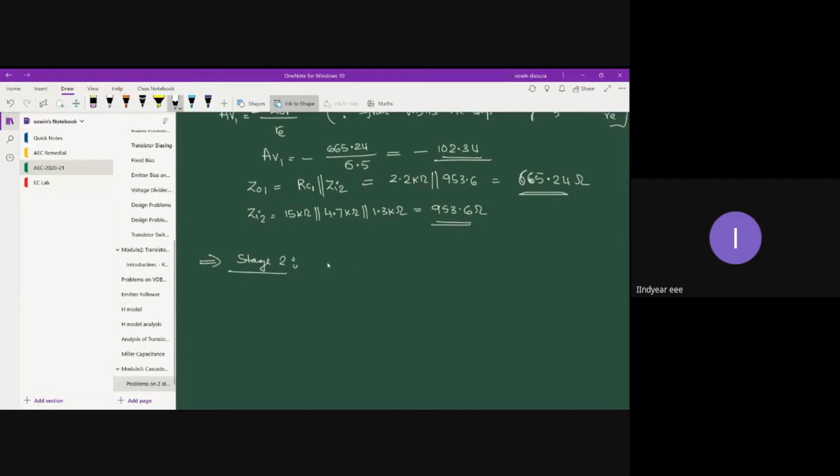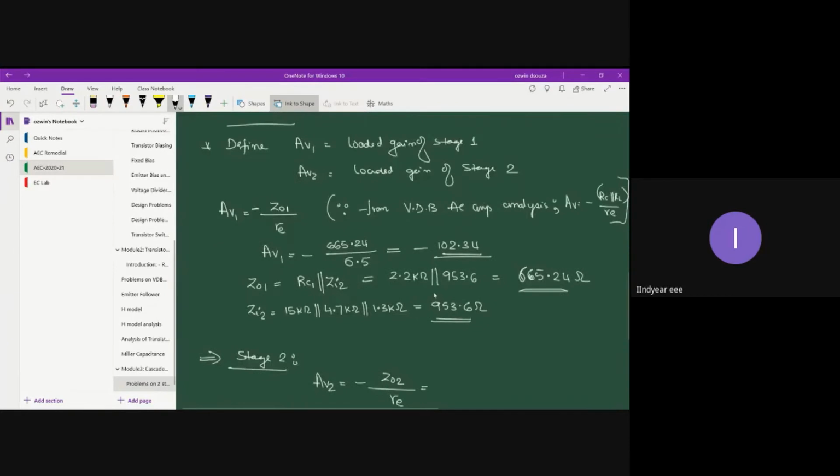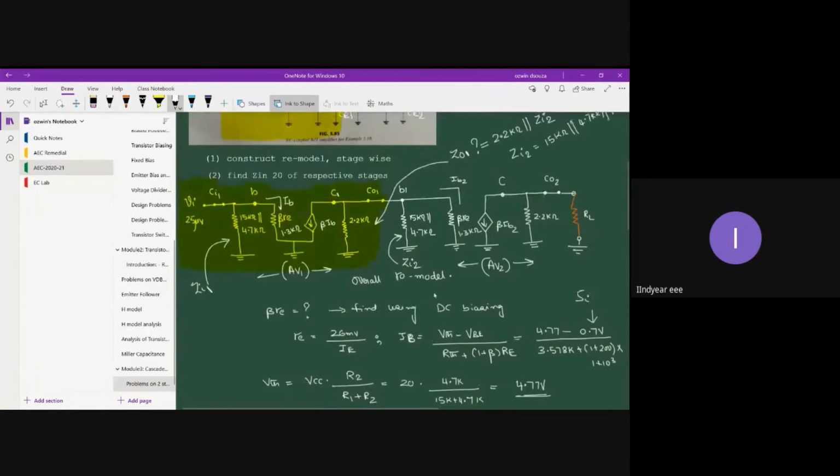In stage 2, we shall take the voltage gain as AV2. So AV2 is going to be minus Z02 divided by RE. Now, what is Z02? Z02 is the output impedance of the second stage.